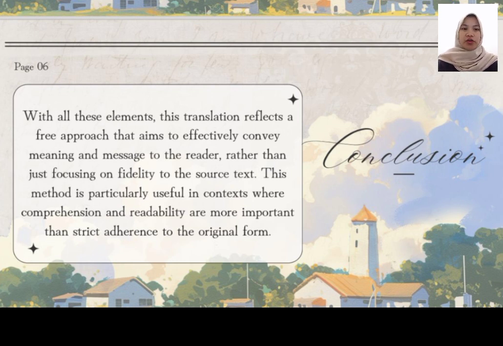We can conclude from the previous explanation that with all these elements, this translation reflects a free approach that aims to effectively convey meaning and message to the reader, rather than just focusing on fidelity to the source text.